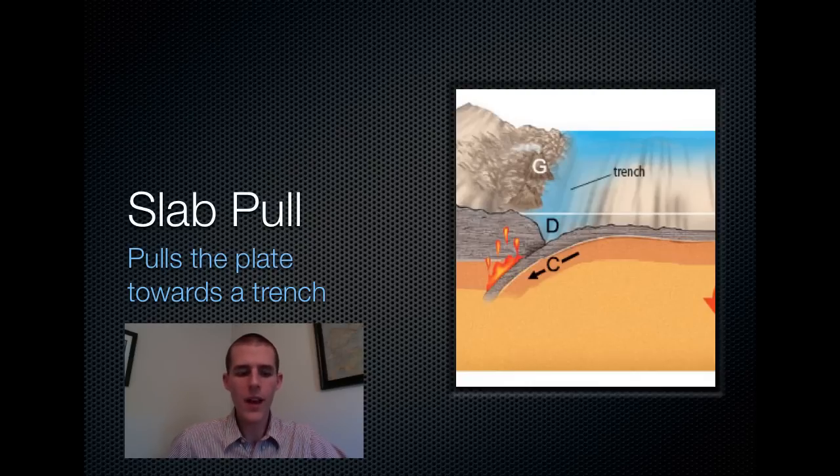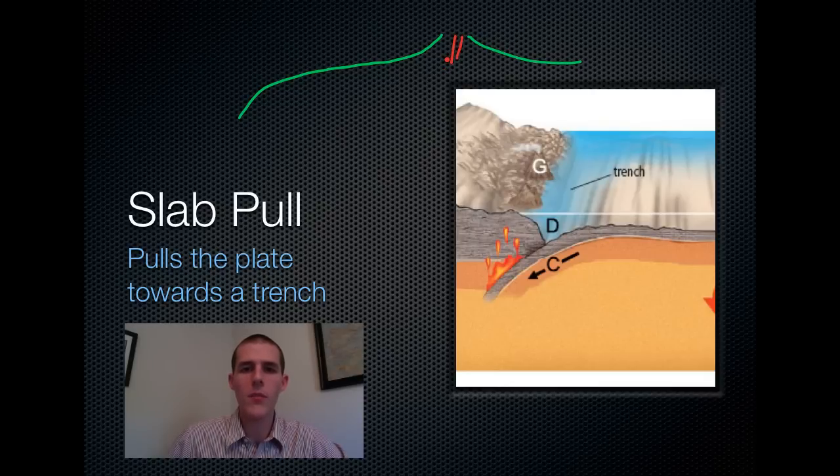All plates have got two zones on them. They've got somewhere where they are moving away, and they've got somewhere where they're moving together. So let's say that we've got our plate right here. There's our ridge. We've got magma rising up right here. We just said that ridge push makes the plate want to go this way.